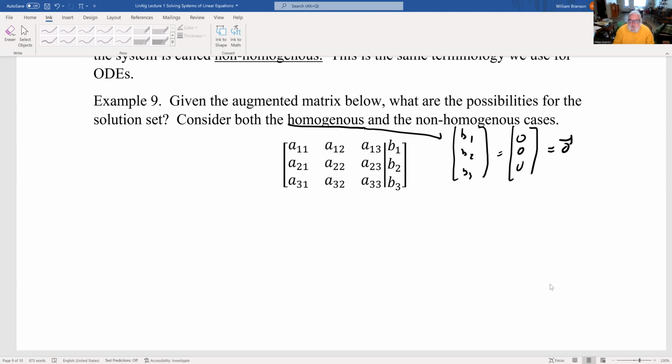So note that the row operations leave a column of zeros as zeros. What we can do with rows, we can switch them, but switching a 0 with a 0 doesn't change anything. We can multiply a row by a constant, but multiplying a 0 by a constant doesn't change anything. Or we can add 2 rows together. Adding 2 zeros together just gives you zeros. So there's always a solution to a homogeneous system.